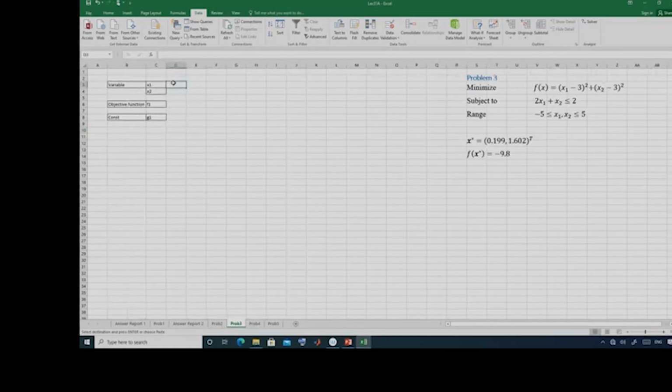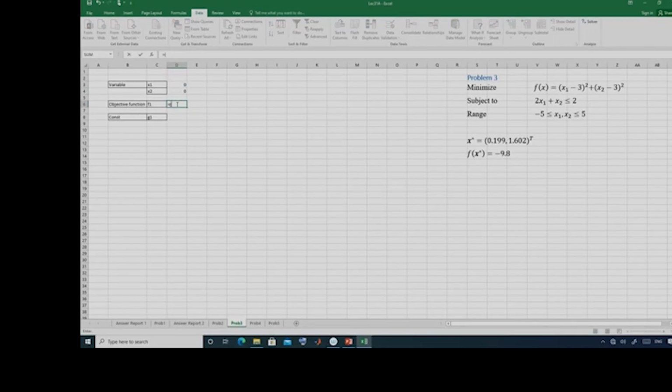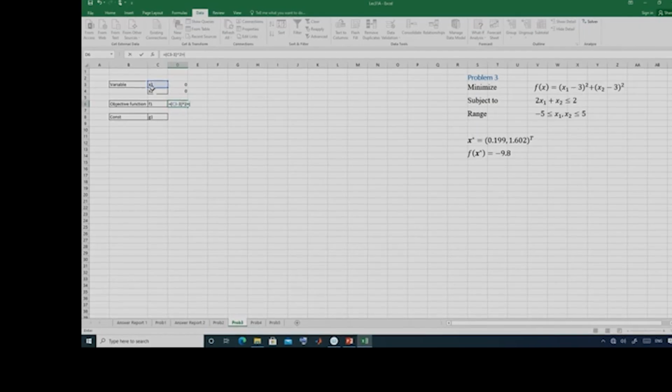Here I would like to start from 0 0 and the objective function is x1 minus 3 whole square plus x2 minus 3 whole square.